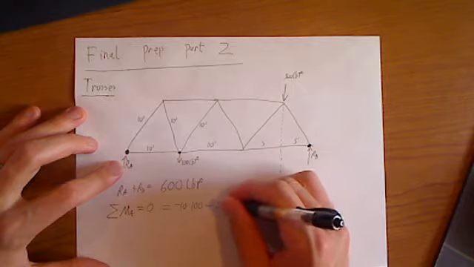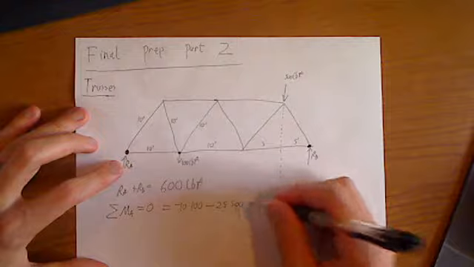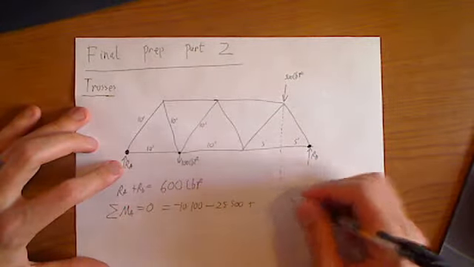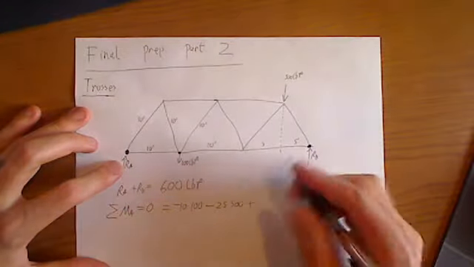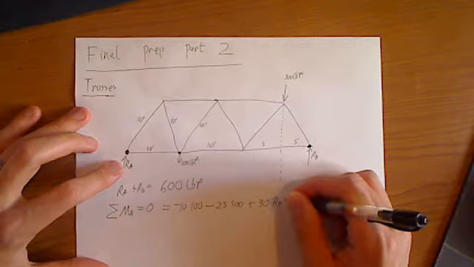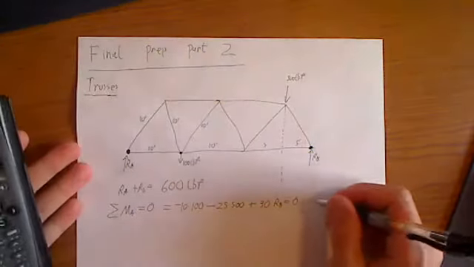So 25 times 500. Then we have the positive moment from RB, so that'll be 30 times RB equals 0. We'll pull out our calculator and find RB.